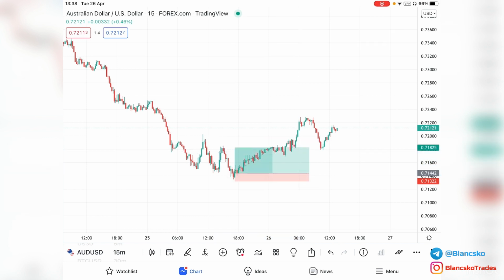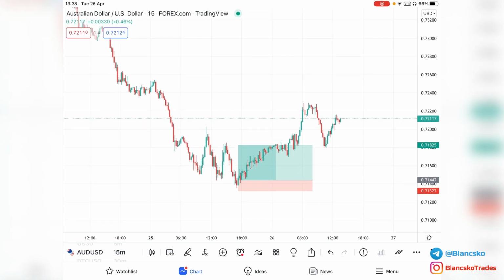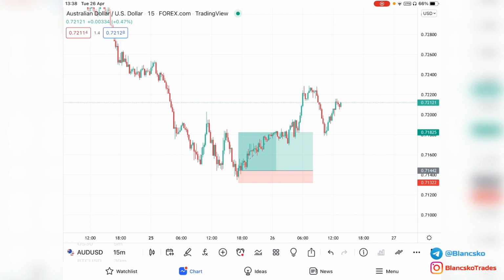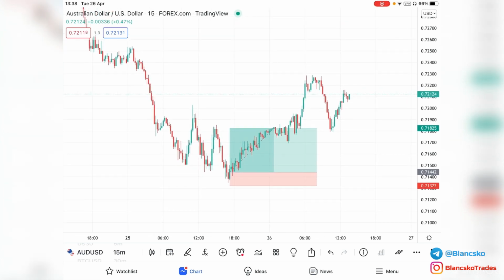So if you have an indicator-based strategy, then you can just use a fixed stop loss and a fixed take profit, meaning that you just place your stop loss above the zone and then you aim for a 1 to 2, not looking for the next structure to hit as the take profit, because you are trading with a fixed system, with a fixed stop loss that you want to use, and a fixed 1 to 2 or 1 to 3 risk to reward ratio. So that's why you don't need to look at market structure.